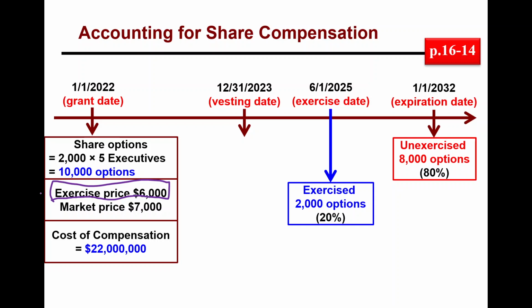Then the vesting period is 2 years, right? So the vesting date is December 31st, 2023. This is the date employees earn the right.